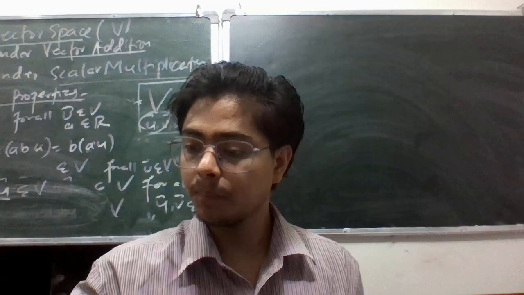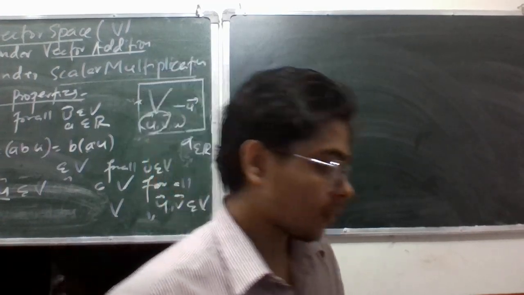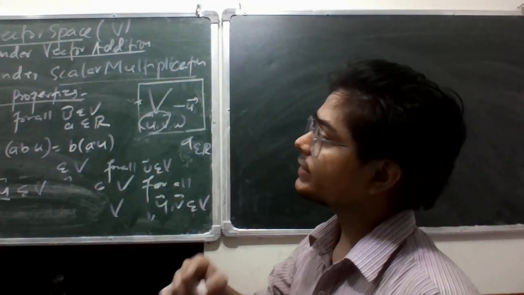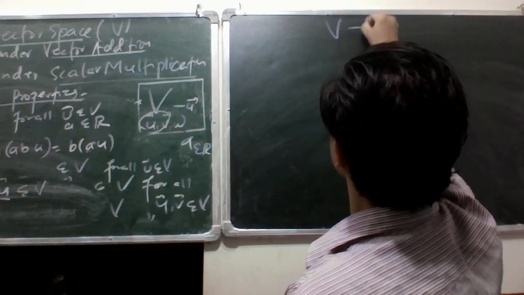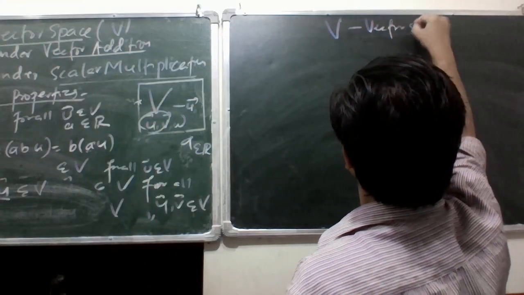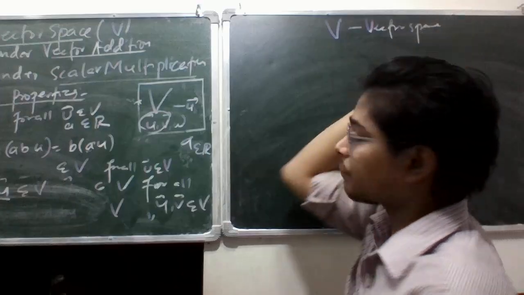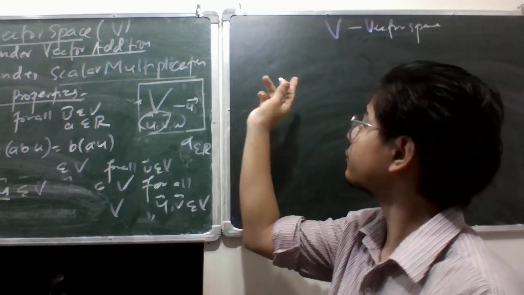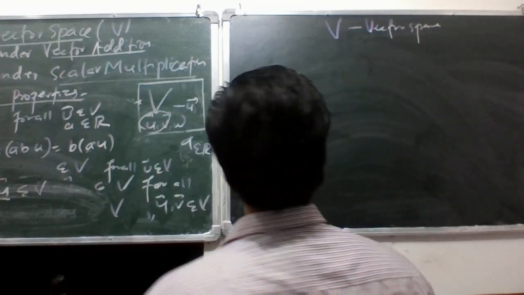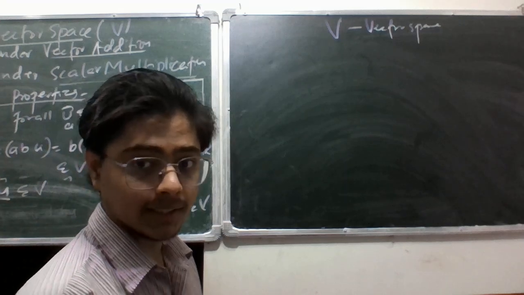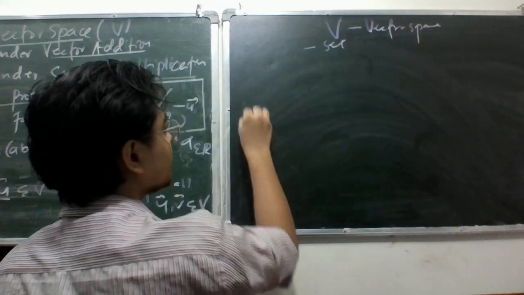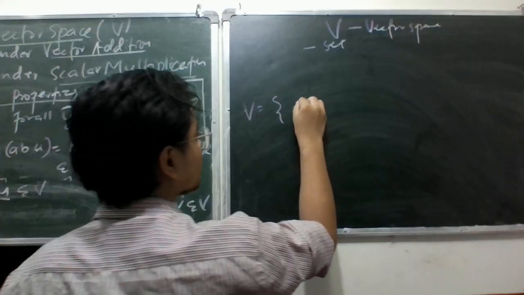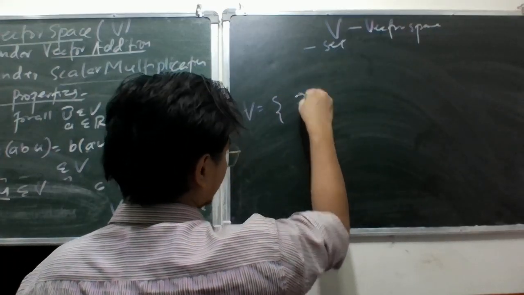Now let's see something. Okay, so if we have a vector space V, we have already defined the fact that a vector space is a set, right? For example, V has a lot of vectors.